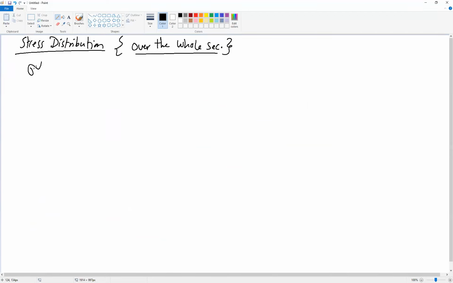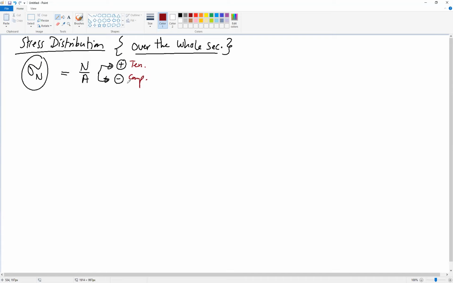If we have normal stress due to normal force N, the equation N divided by A may be positive or negative. Positive if tension and negative if compression.